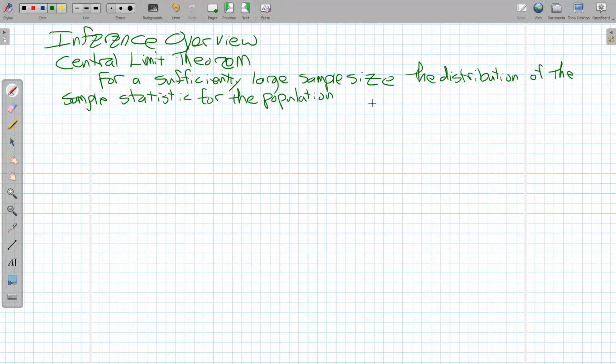Our population parameters tend to be either means or proportions. So population mean or proportion is normal.